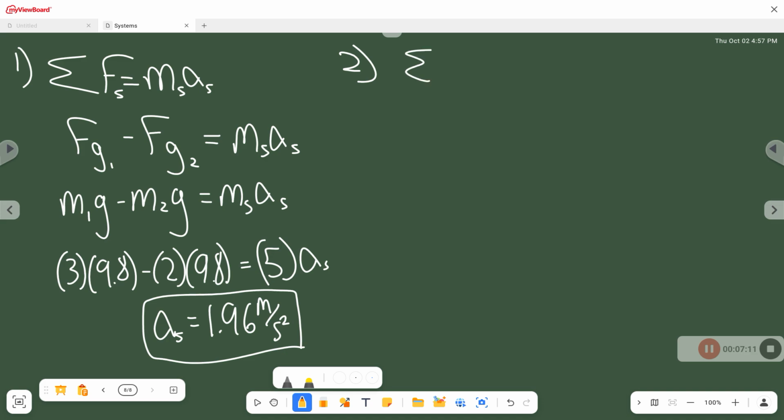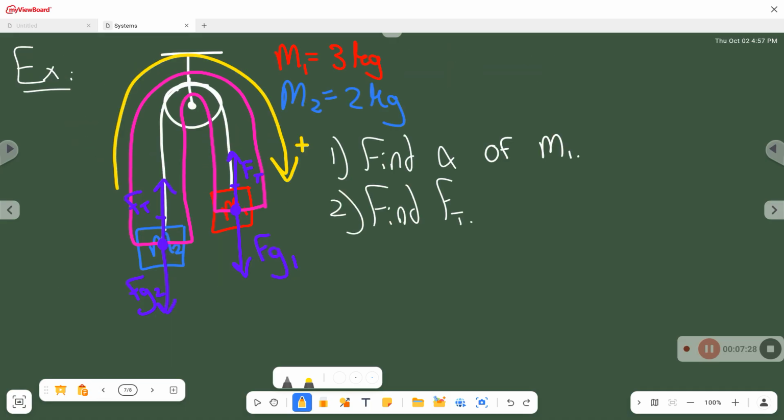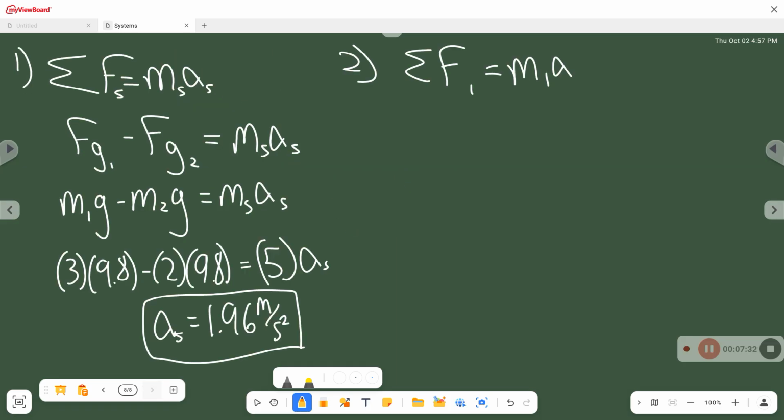So let's pick object 1. I'm going to solve for the net force acting on object 1. In this case, I'll stick with my convention earlier, so I'll make down the positive direction still.